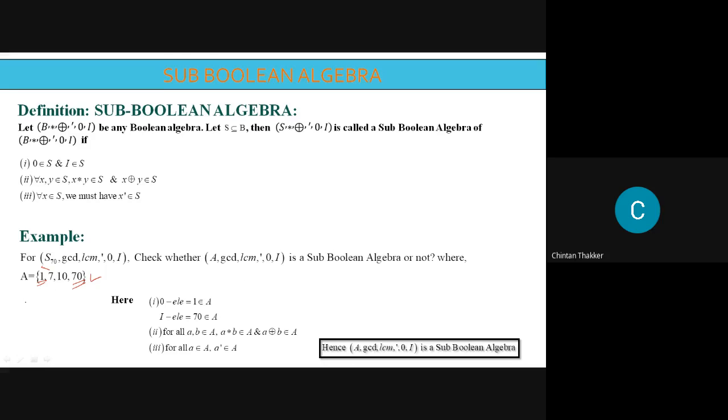We make tables of GCD and LCM. So you have to make the table of GCD and LCM. That GCD of 1, 7, 10, 70.